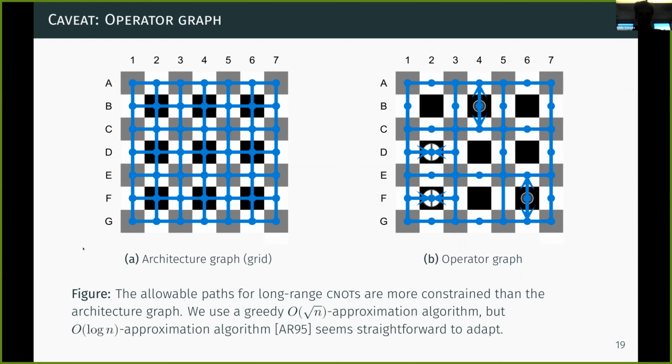But it seems fairly straightforward to adapt the logarithmic factor approximation algorithm by Alman and Rabbani to this operator graph.